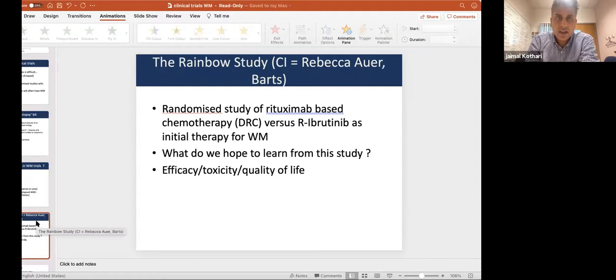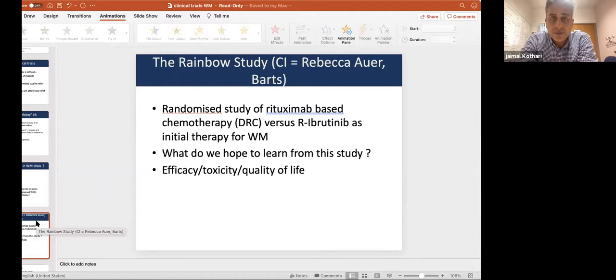The key question in the Rainbow Study is it's a randomized phase 2 study, so it's not a phase 3 study, of a very standard rituximab-based induction chemotherapy, which many people use and still use appropriately, and I'm guessing a number of people in this meeting will have had this combination as well.